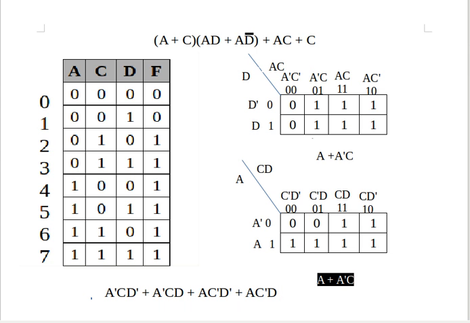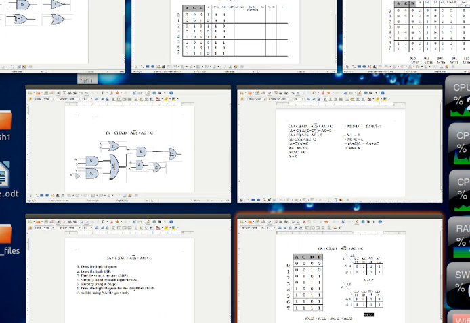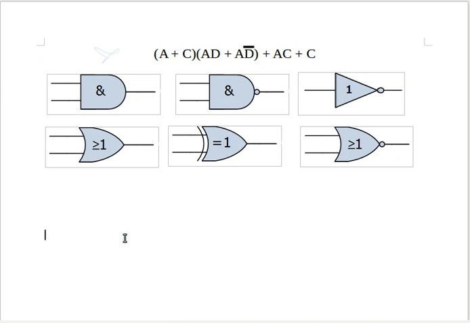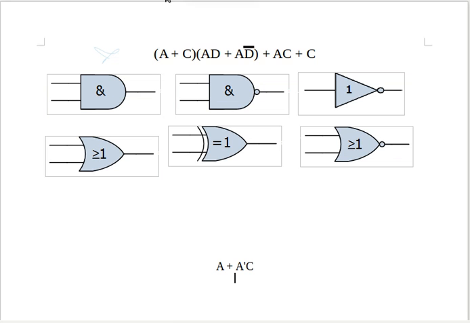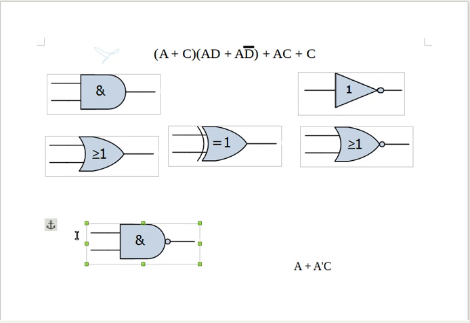A, control copy, and let's see what you have. A naught and C. So I'm gonna have A naught.